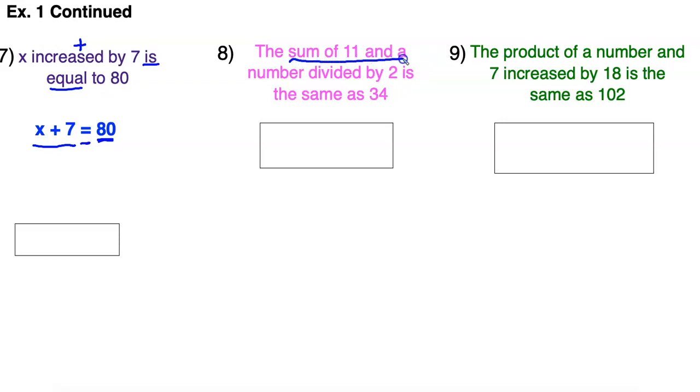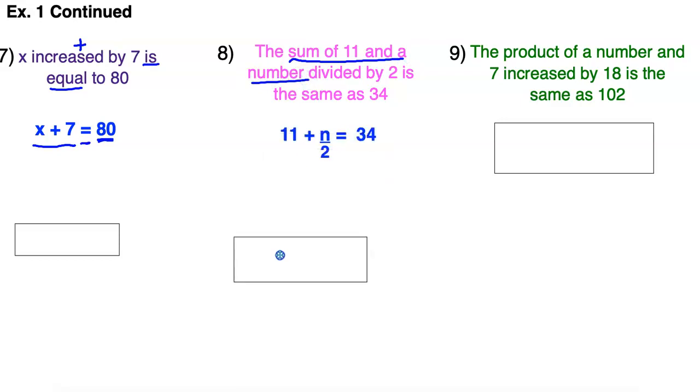So if we have the sum of 11 and a number, that means we're going to be adding something together. So it's the sum of 11 and a number divided by 2. So that's this part here. And now notice it says is the same as 34. So is the same as 34 means that it's equal to.